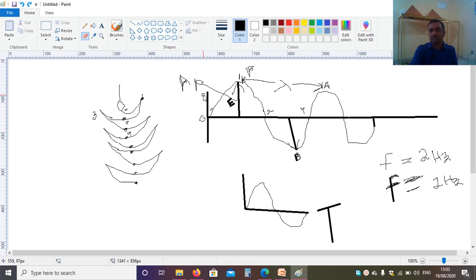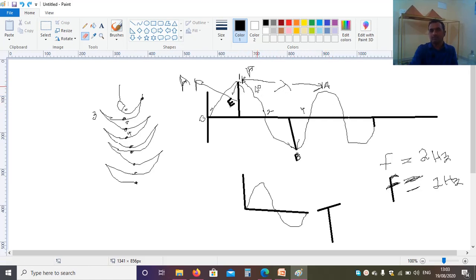When the wave is formed, it has some characteristics. The vibrating particle means the electric component, and this is the magnetic component. Like that, another electric component, magnetic component, vibrating, and the wave is formed. This is the amplitude of this wave, this is the wavelength. Wavelength means this is a crest, this is also a crest.